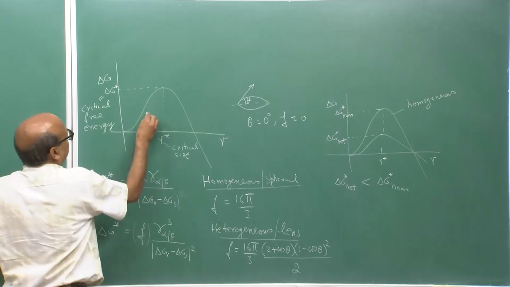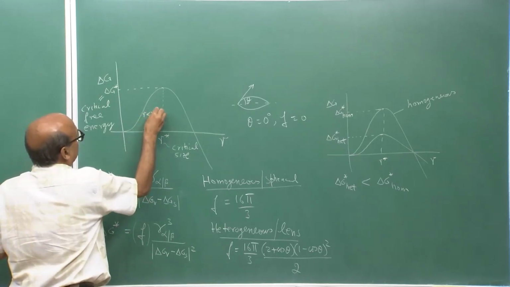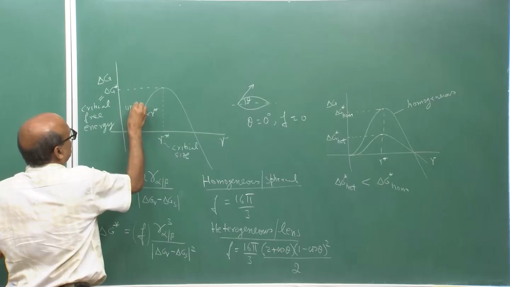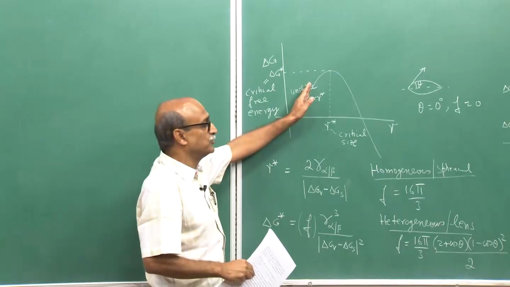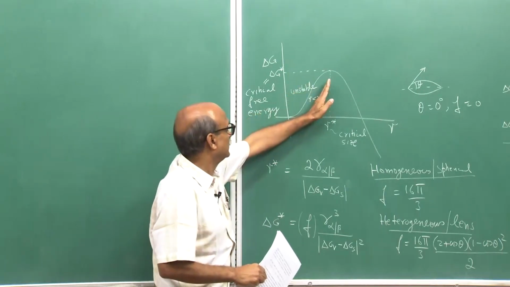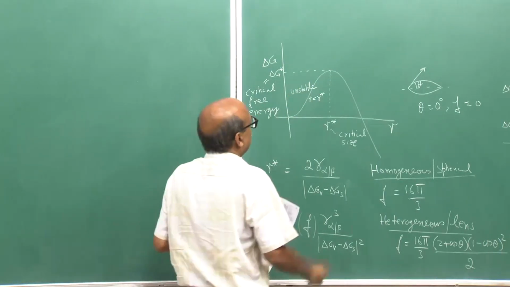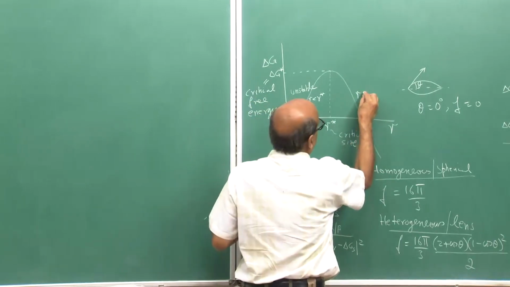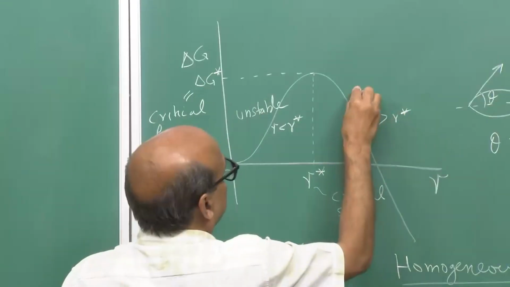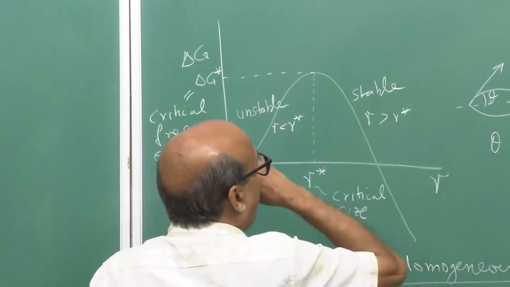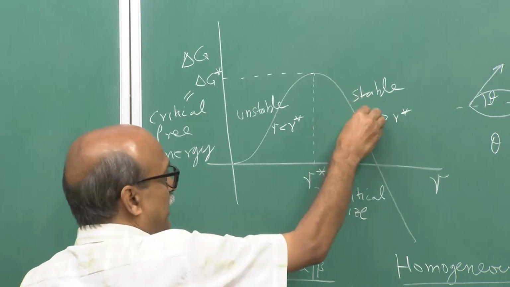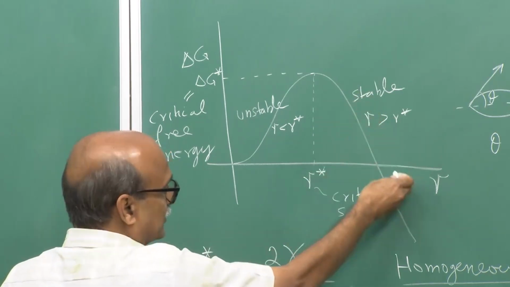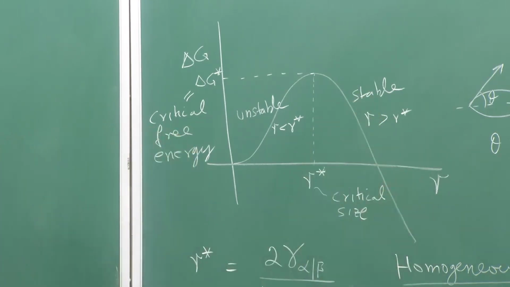For radius less than r star, the nucleus formed is unstable, and therefore it will tend to dissolve back to the left of this curve. For sizes greater than r star, the nucleus would become stable because it can simply keep adding more atoms and increase in size, and eventually the free energy change would become negative.